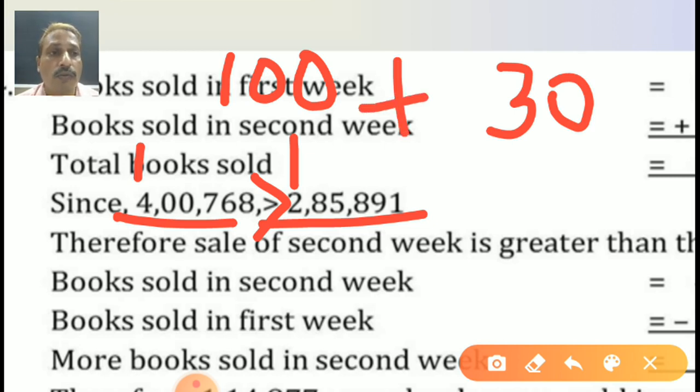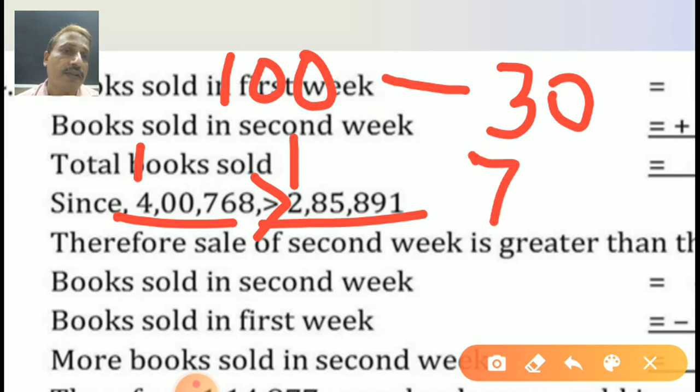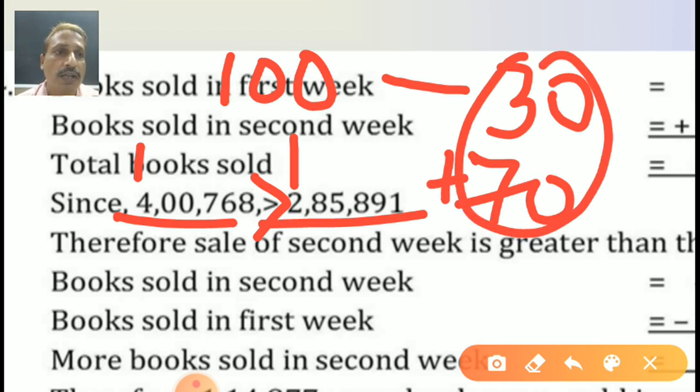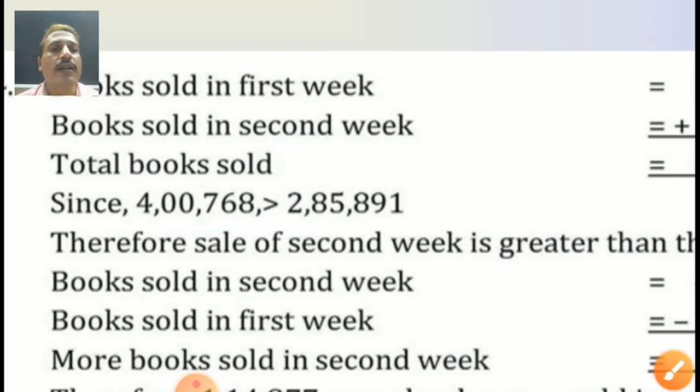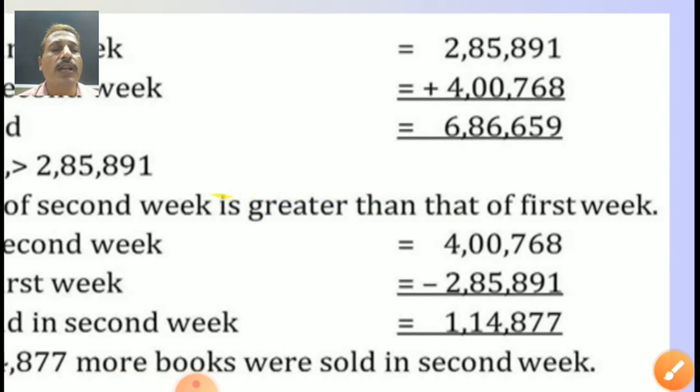No, wrong. What do you do? Multiply? Sorry. Yes, you are right. Minus you have to do. So the answer will be 70. Isn't it? Or when you add both numbers, you have 100. That means you both are equal. Isn't it? Good. Now in the same way, in our example, we have to subtract.